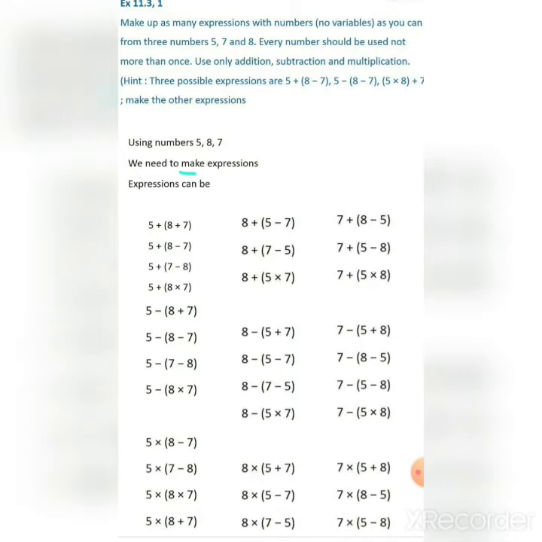Using numbers 5, 8 and 7, we need to make expressions. These are the list given here which you can form by using the 3 numbers 5, 8 and 7 and the 3 operations addition, subtraction and multiplication. So you can see here, first we are taking 5 plus 8 plus 7, means first we have taken all addition.